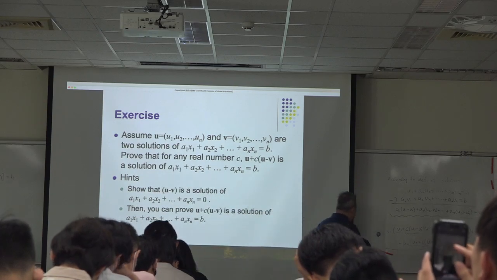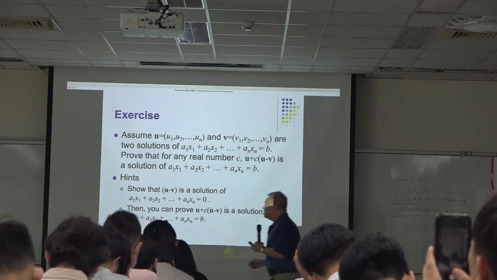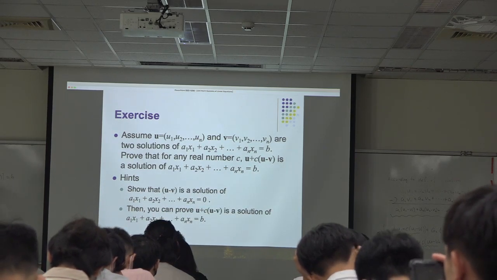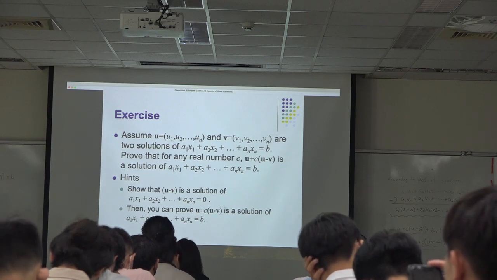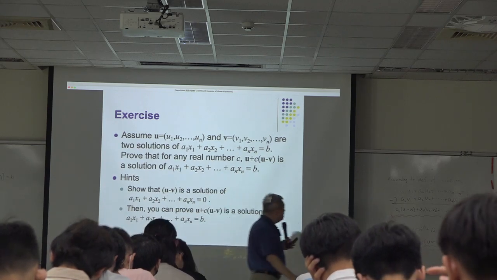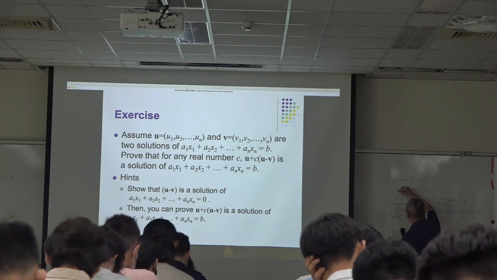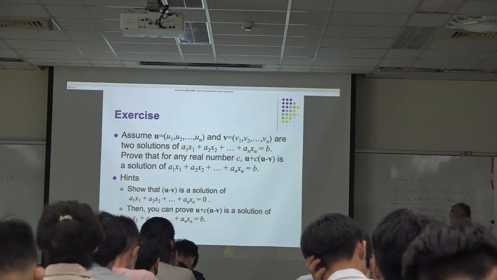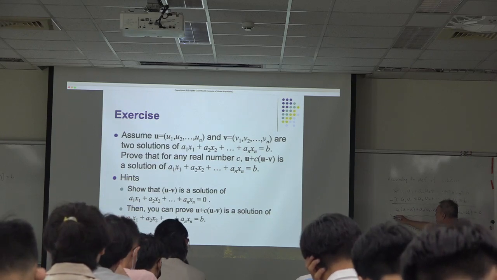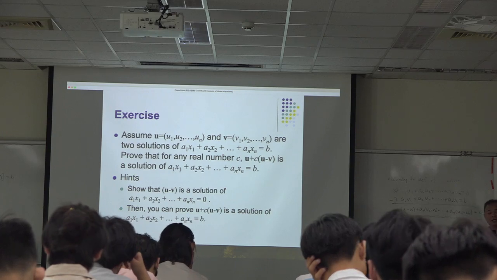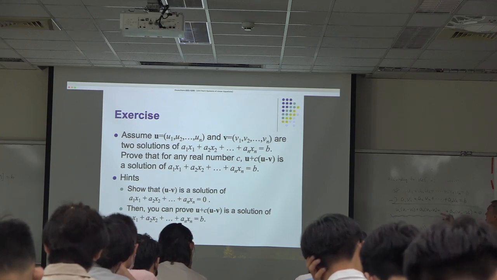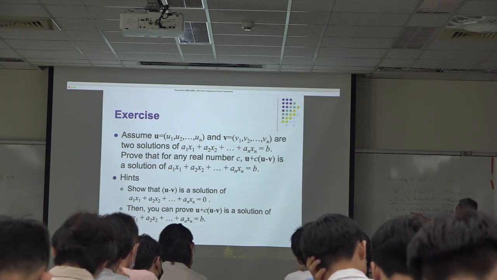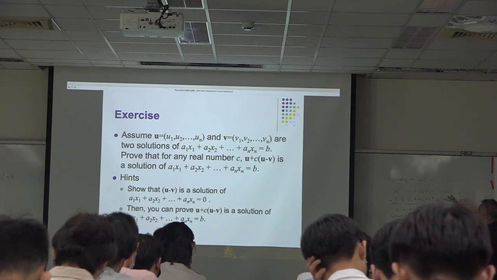So this left-hand side, obviously, is first this line, plus C times this one, right? That will be the left-hand side.